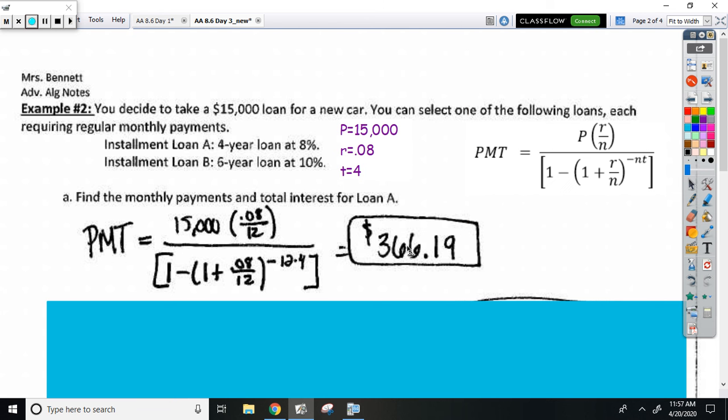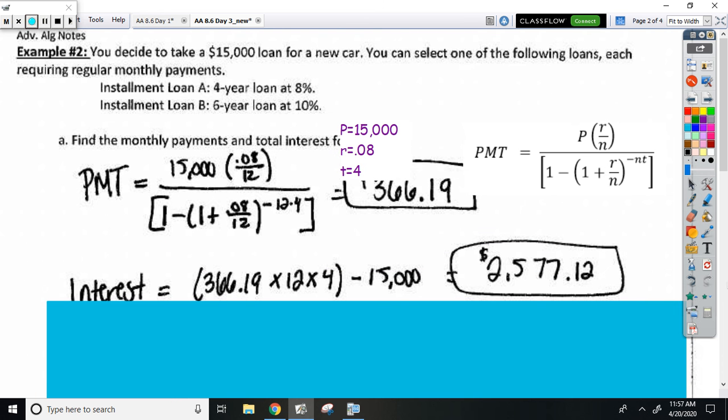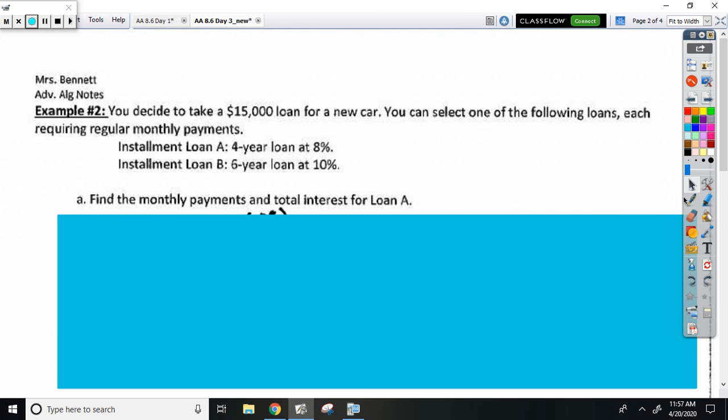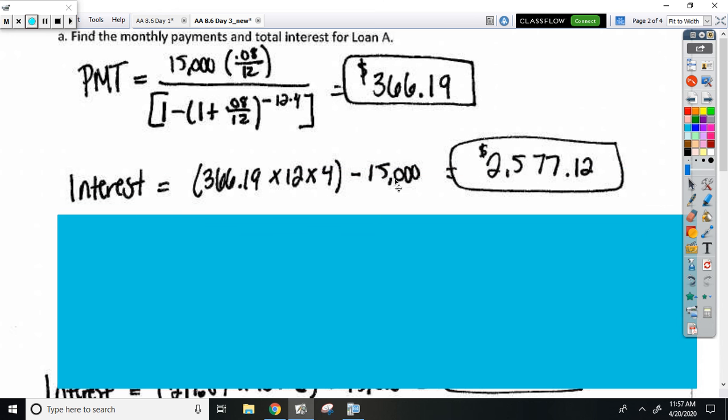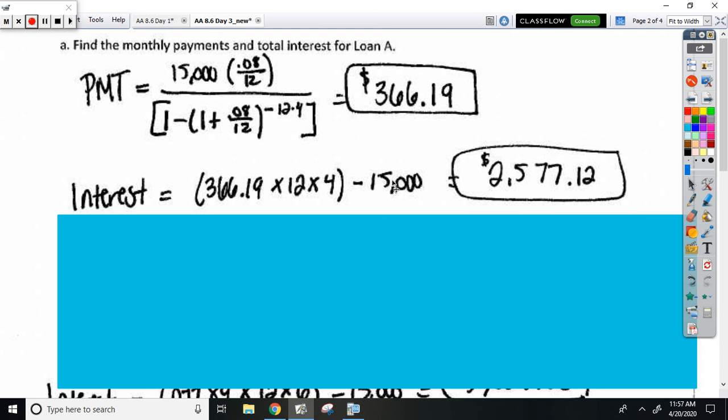So to find our interest, we take this times 12 times 4 years. And then we subtract the amount of the loan, which was 15,000. So we should get 2,577.12.